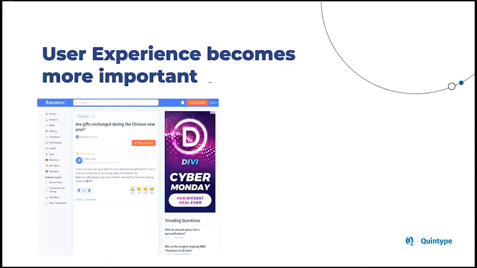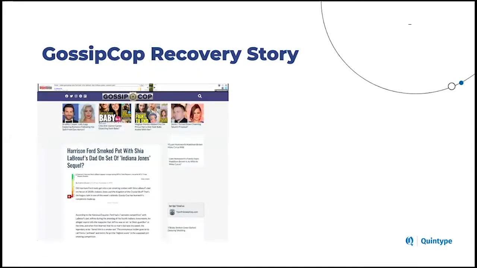On the recovery, good news kind of a thing, we also looked at Gossip Corp as an example. Gossip Corp is a US based magazine website, which was negatively impacted in the May 2020 update, but they seem to be seeing some gains in the December update.